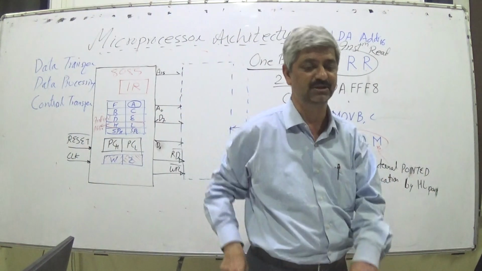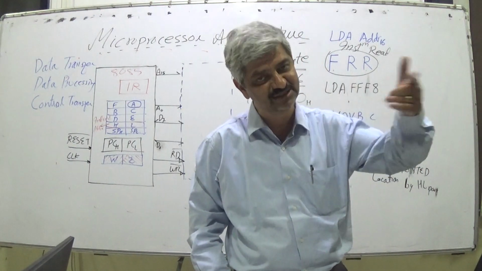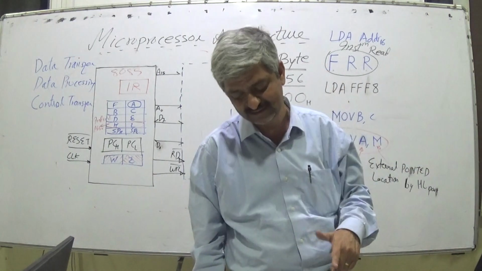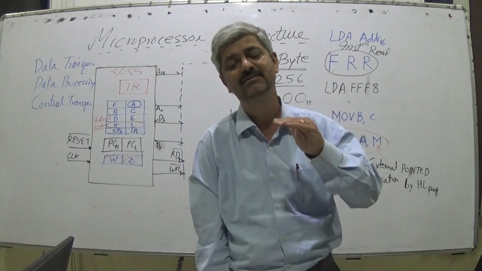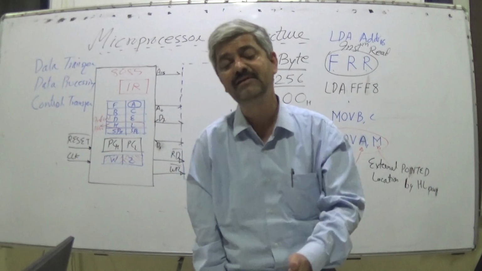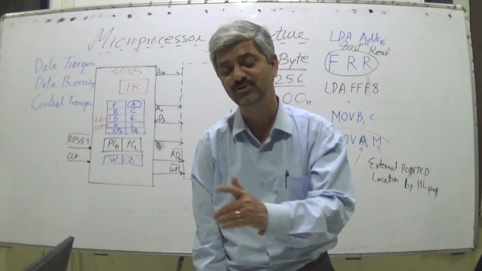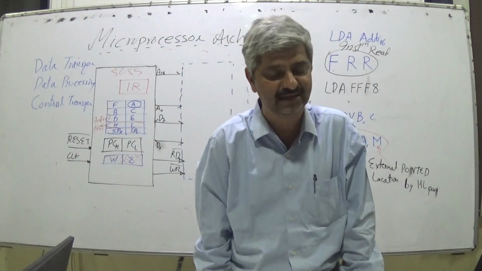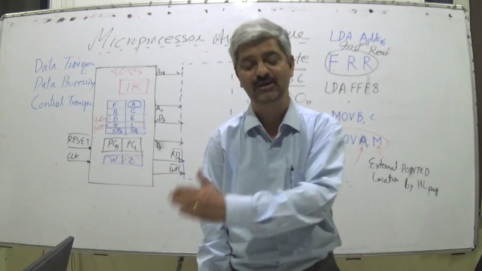For the execution it will require the next machine cycle. Last time I said that in each machine cycle some register pair gives the address. If it is a write cycle, some register gives data. If it is a read cycle, some register pair gives the address and data goes to some other register. So in the next machine cycle, register pair HL will give the address, there will be a memory read cycle, and data will go to the accumulator.